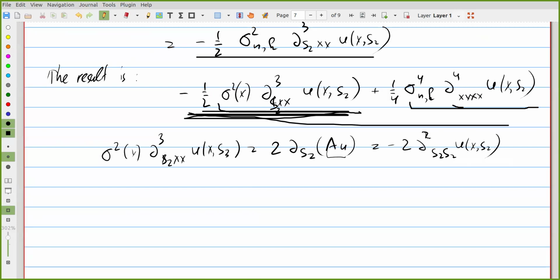So this is how we recover this second derivative, but still, I guess I lost 1/2 somewhere.